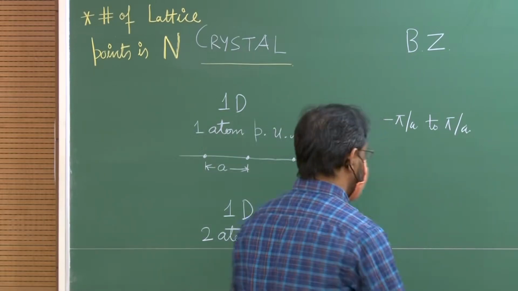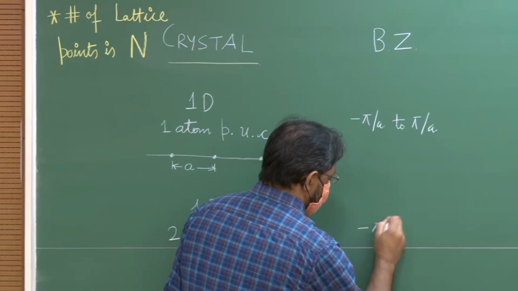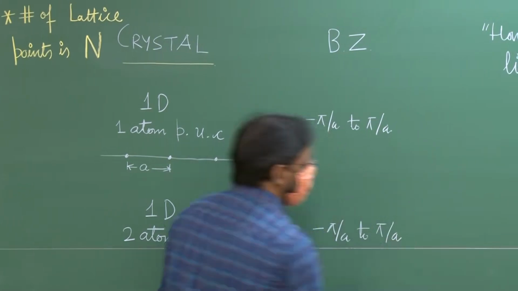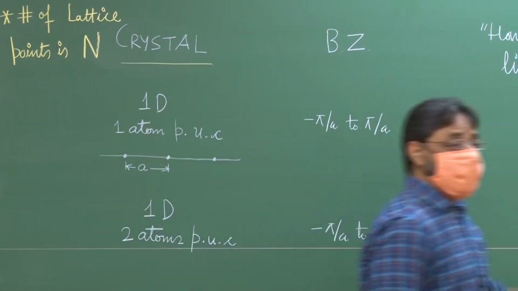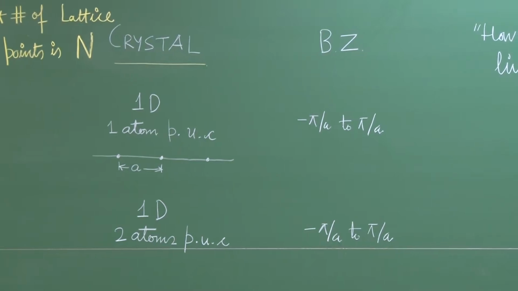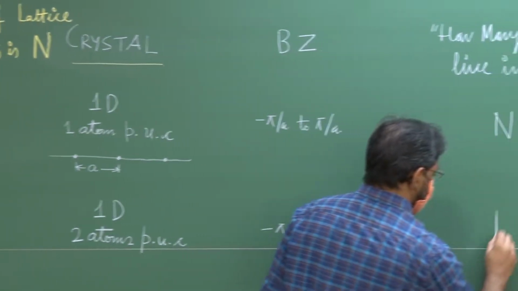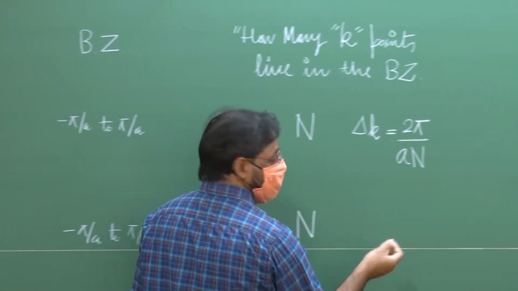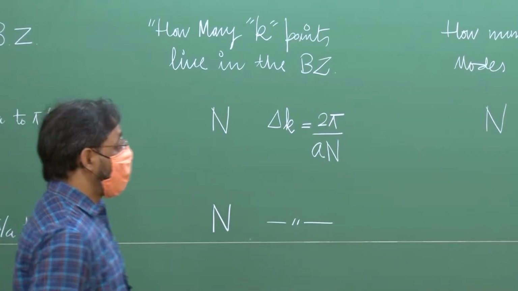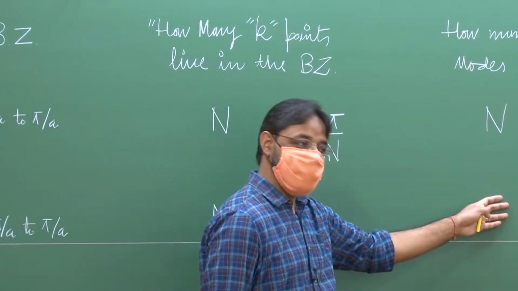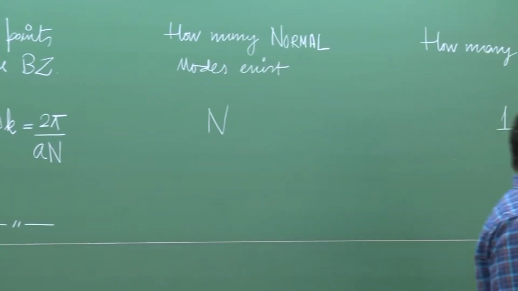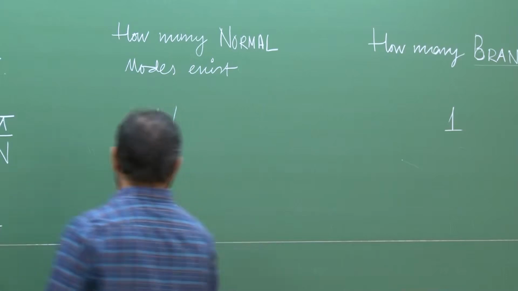It is the same, minus pi by A to plus pi by A. How many k points? It is the same, number of k points is N. What is the spacing between the k points? It is the same. How many normal modes? 2N. Number of normal modes is 2N.